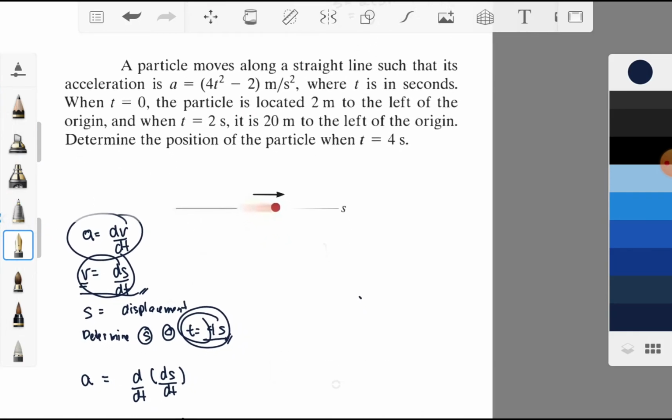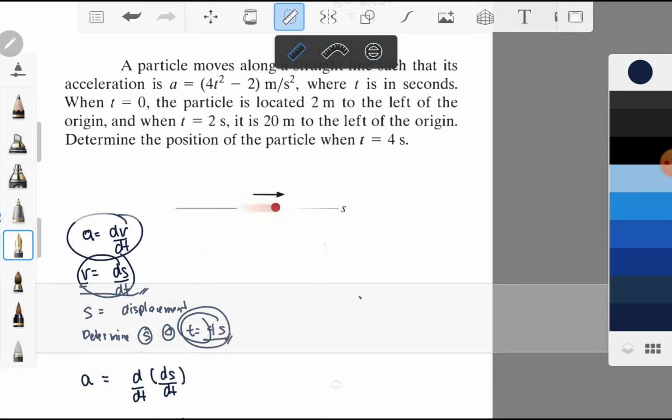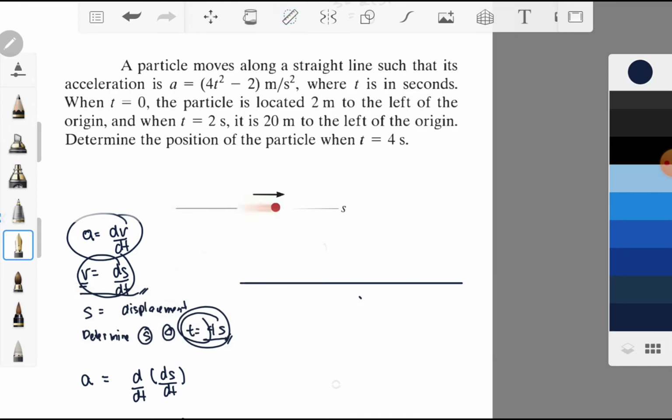According to our problem, at t equal to 0, since we are in one-dimensional motion, we will only consider our x-axis, or the s-axis. At t equal to 0, our particle is located 2 meters to the left of the origin. So this is your particle at t equal to 0, and our s is equal to negative 2 meters.